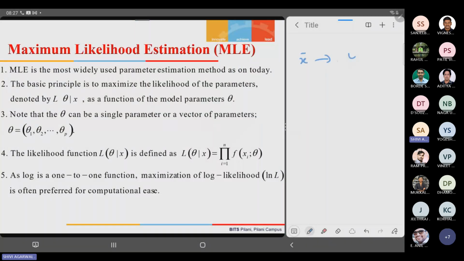Mu is the population mean, and X bar is the sample mean. So we are estimating mu by using X bar, correct? We defined that the expected value of X bar is equal to mu.